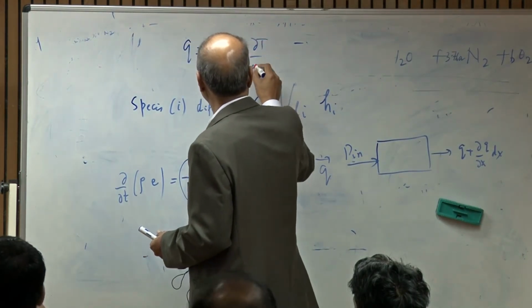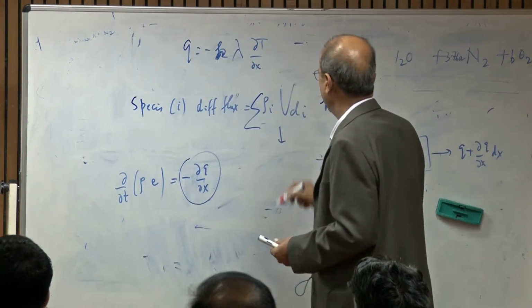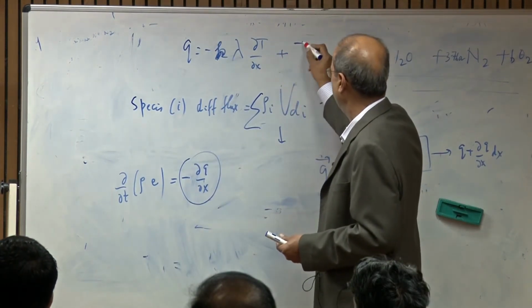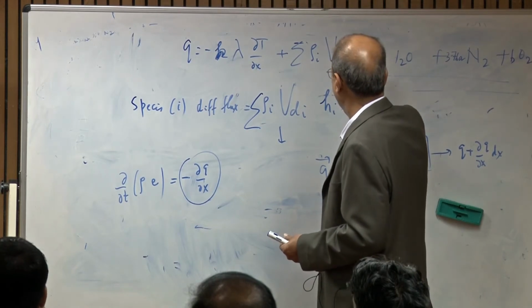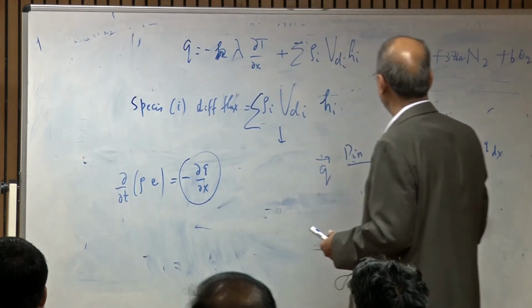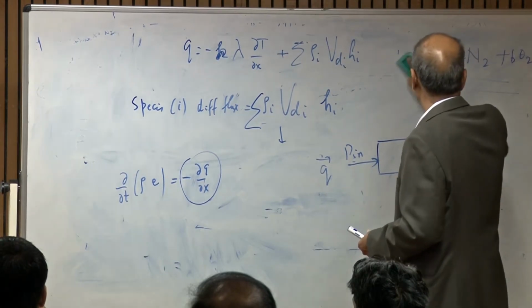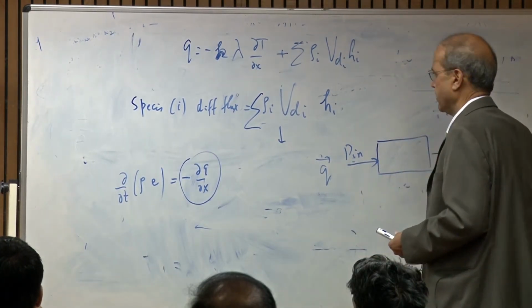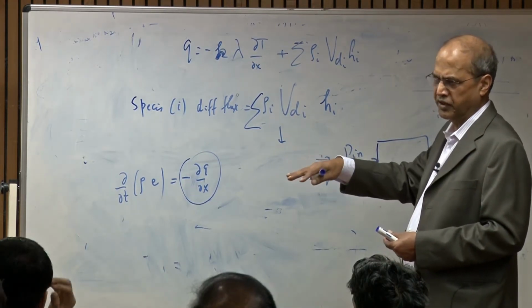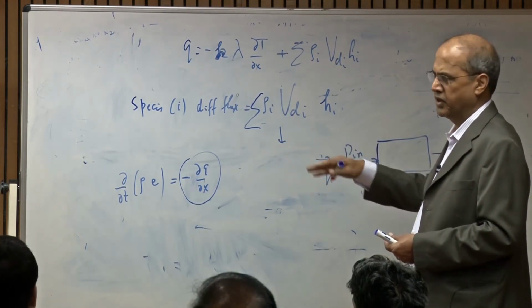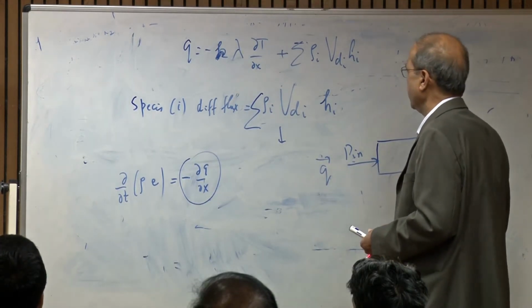In the x direction it is lambda dT/dx, and then you have the diffusion part, rho_i v_di h_i. So that is Q, plus the radiation term. For our discussion we will not include radiation. We can always add radiation if needed.